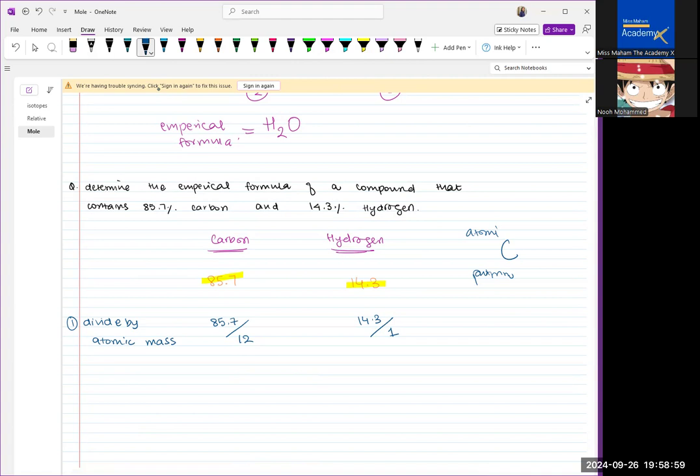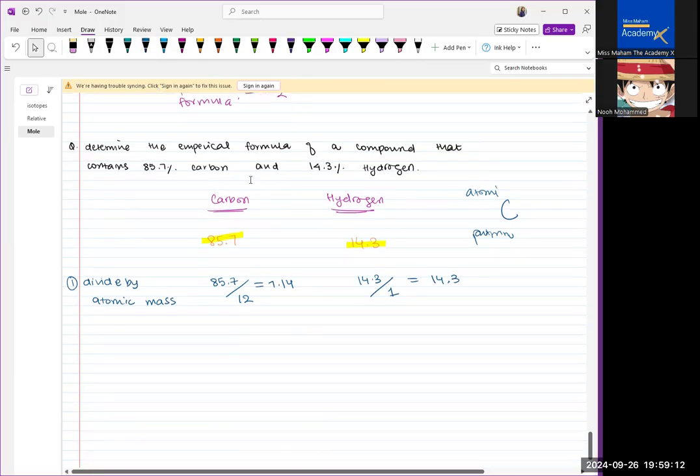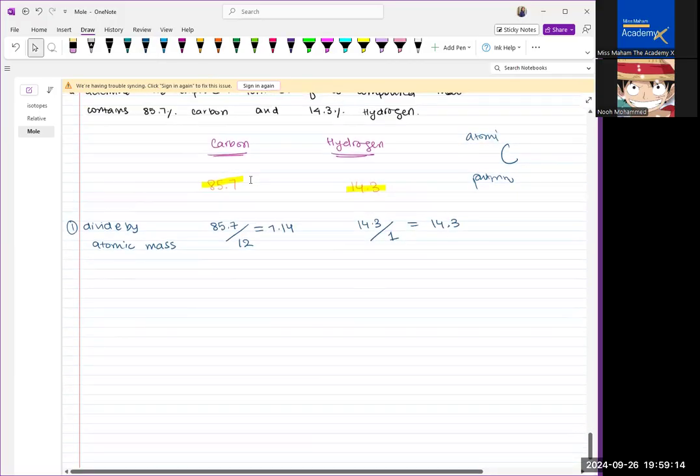So what's the answer that we get here? 85.7 divided by 12 gives us 7.14. And here we get 14.3 again. Clear till here? The second step is to choose the smallest number from these two and divide these numbers by the smallest number. So the smallest number is 7.14.